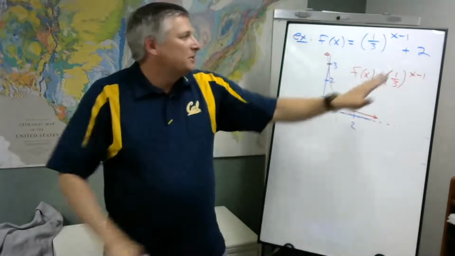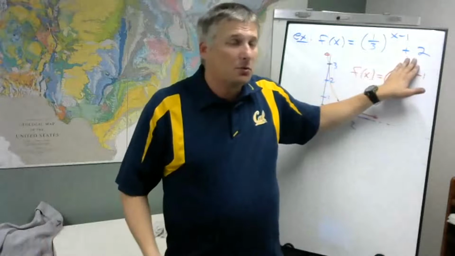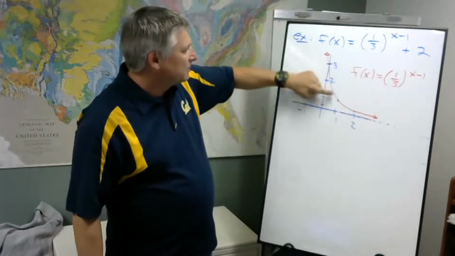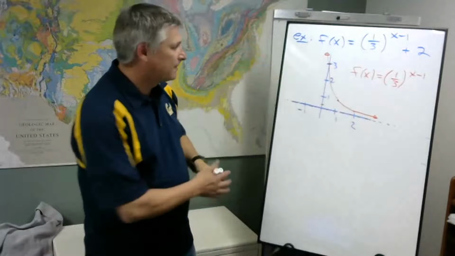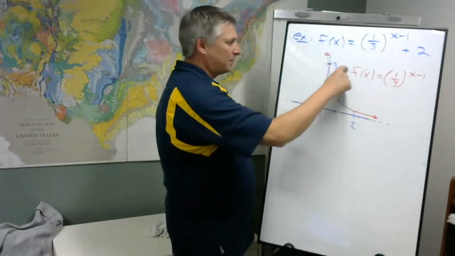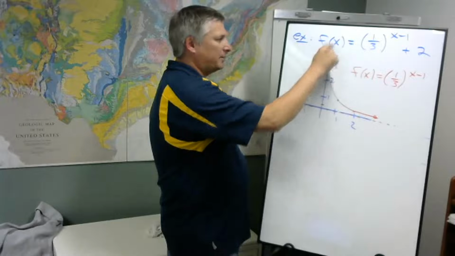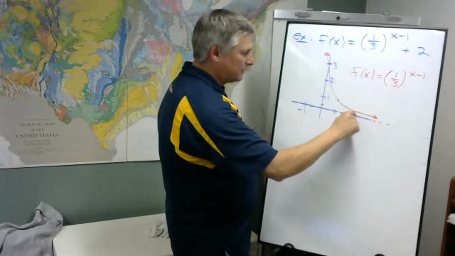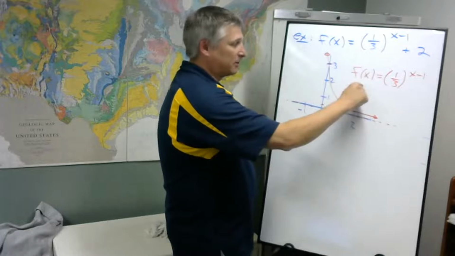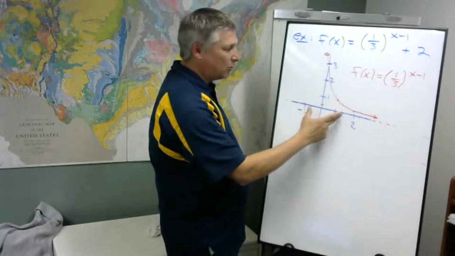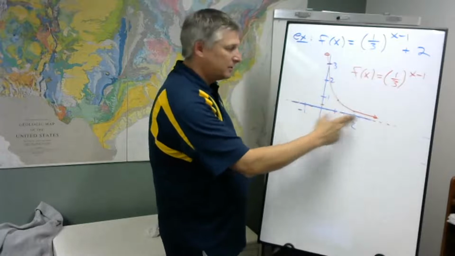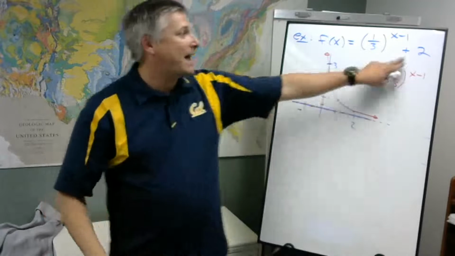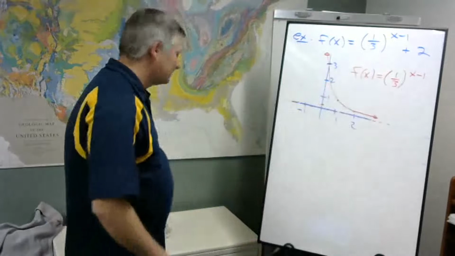So now what we need to do is deal finally with this plus 2. Plus 2 means we're going to bring each of these points up 2 units. So this will go from 1 up to 3. This will go from 3 up to 5. This will go from 1/3 up to 2 1/3. And then the horizontal asymptote, instead of y is 0, is going to come up to y is 2. So we're adding 2 to everything.